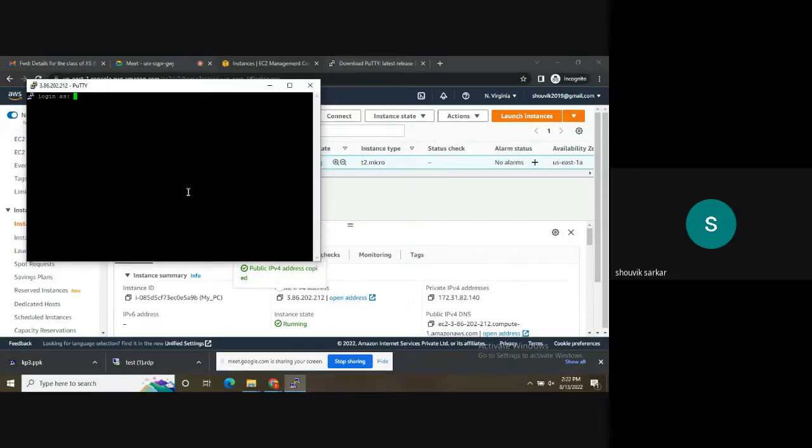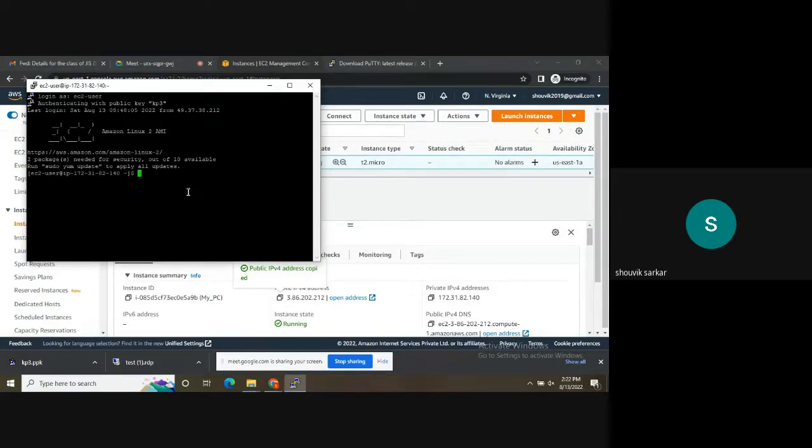Just these things you need to do, and here you need to write login as ec2-user. This way we are able to log in. Okay, so complete it and inform me whenever it's done.